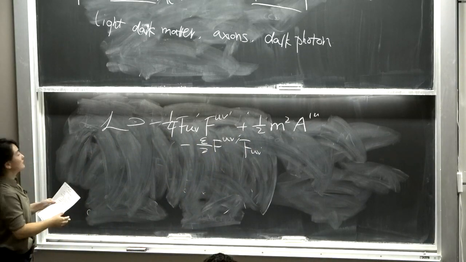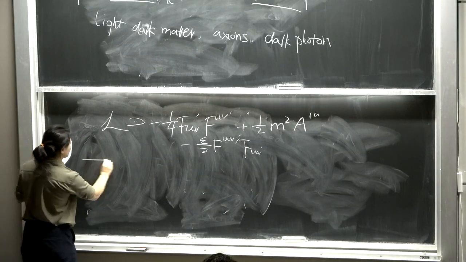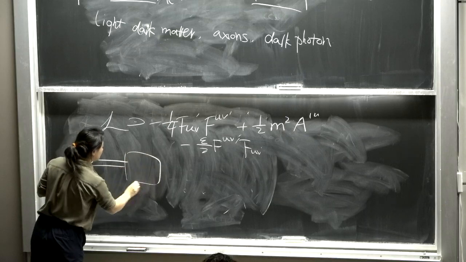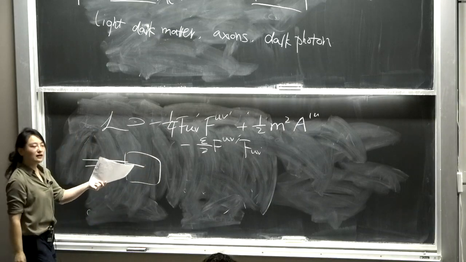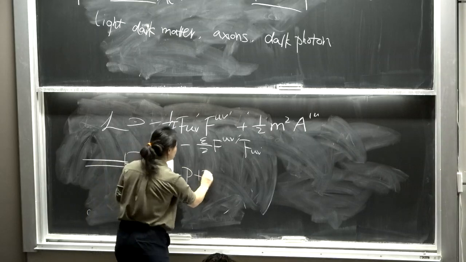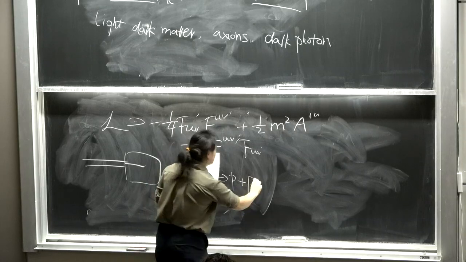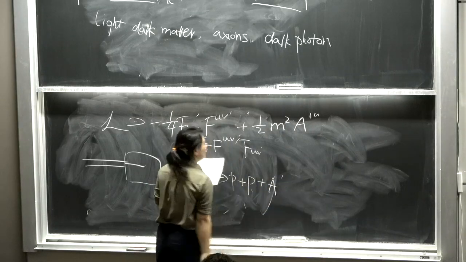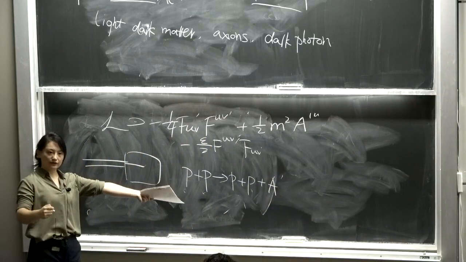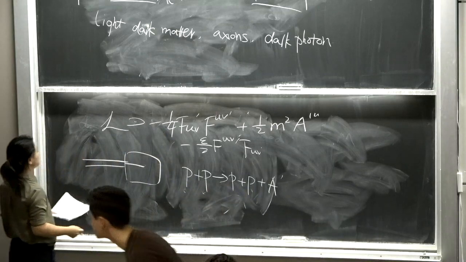Suppose this exists. What would happen? Well, there are many places where this can be produced. First, when a proton collides in my target, the proton could bremsstrahlung a dark photon. Instead of bremsstrahlung a normal photon, it could bremsstrahlung a dark photon, right?